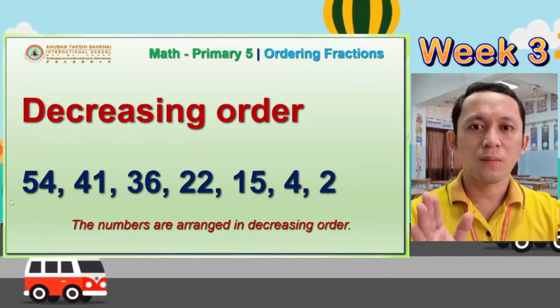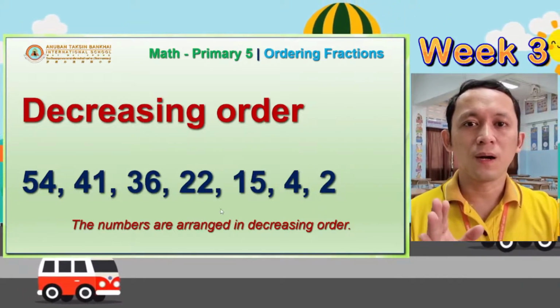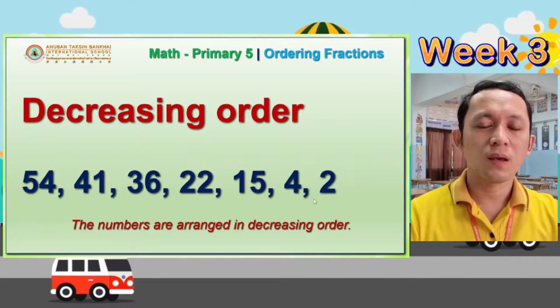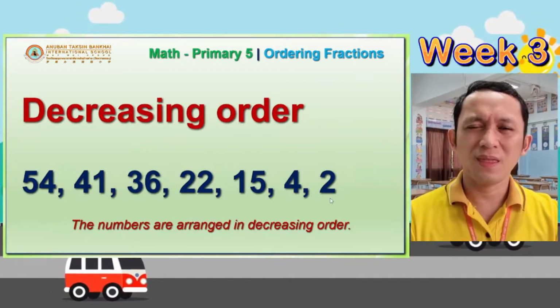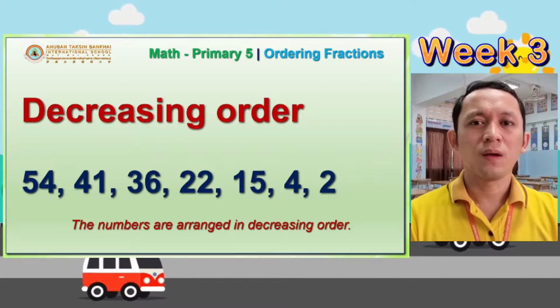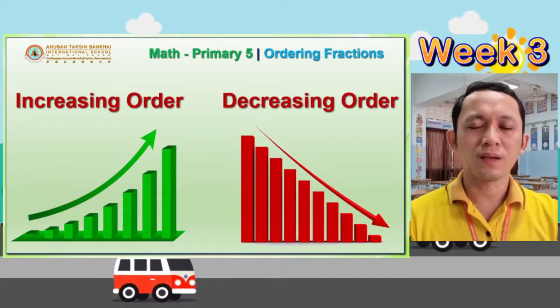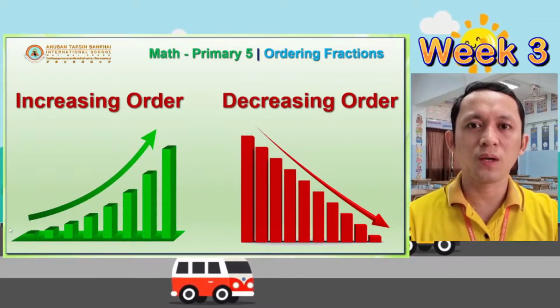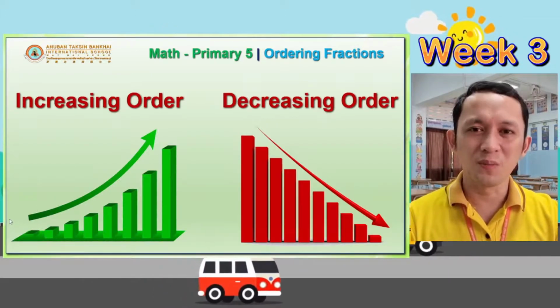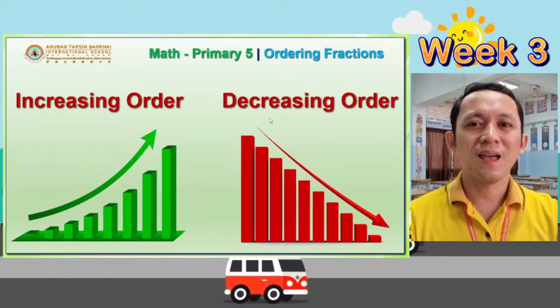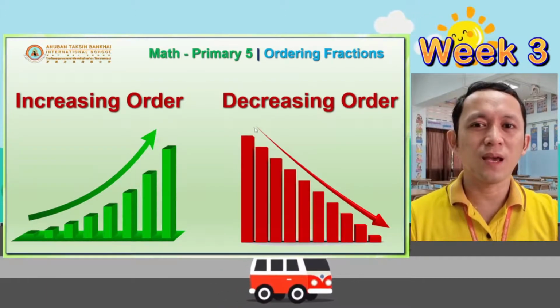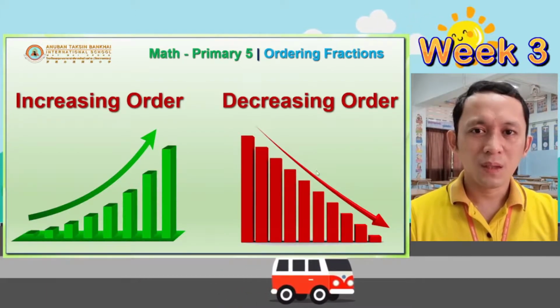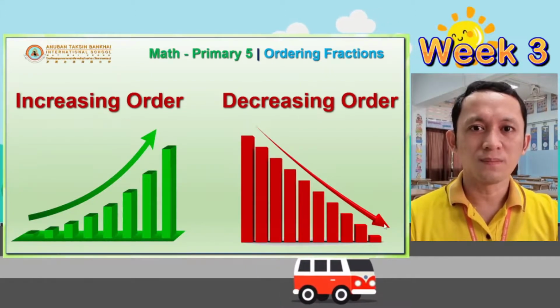So those are very simple words. Increasing order is from small going to big, and decreasing order is big going to small.